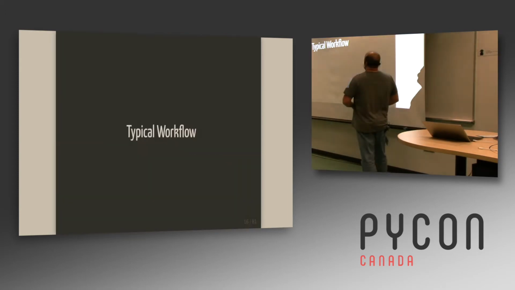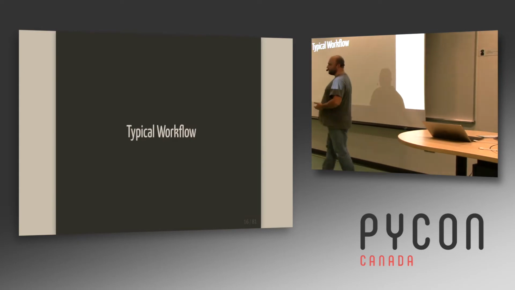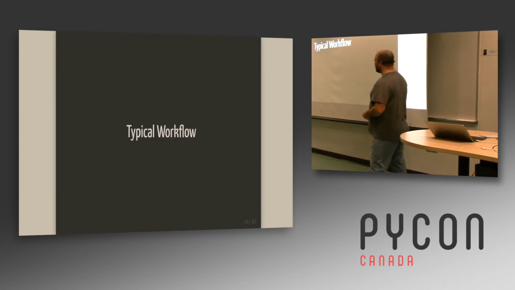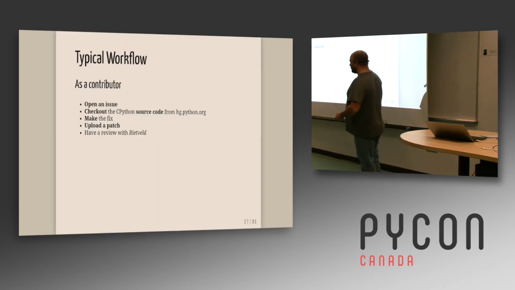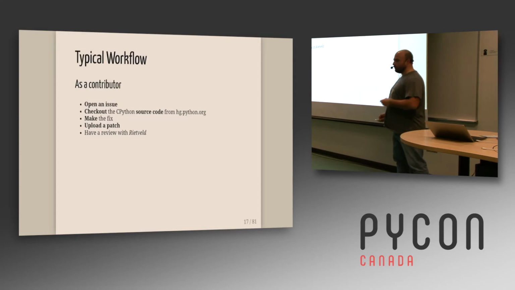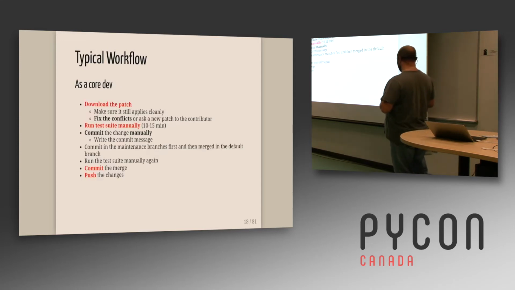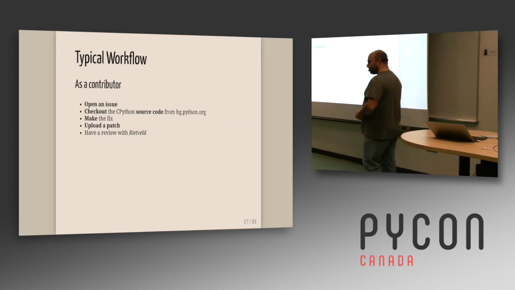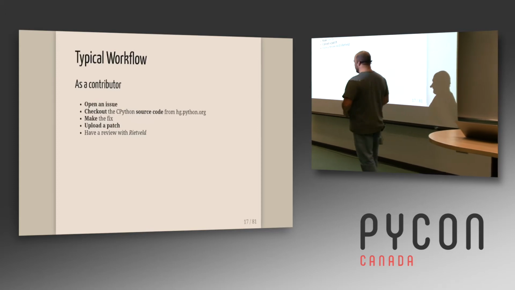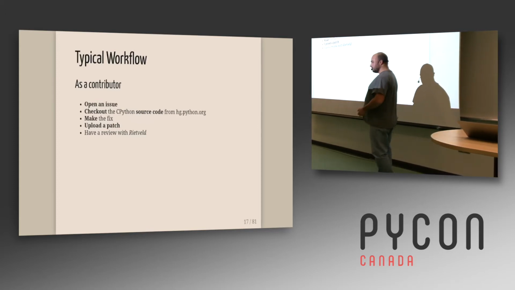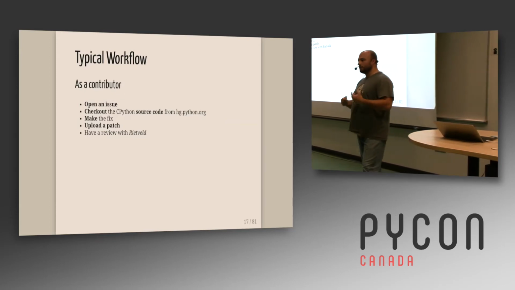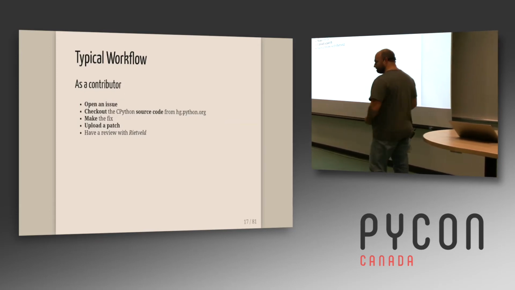Okay? So, a typical workflow for a contributor to Python is, firstly, open an issue. We will have a ticket number. Check out the source code, make the fix, push the patch, just upload it on the website, on the bug tracker, and sometimes, if we are lucky, we can have a review.